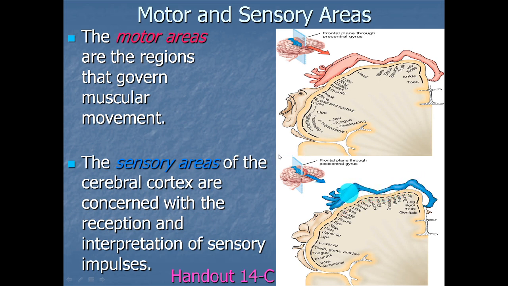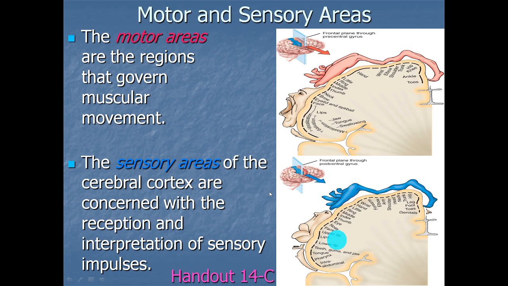Hands, very sensitive. I mean, when you think about your hands, all that information is moving into the top and side of your postcentral gyrus. Then your face, with your eyes, nose, face, and lips, they are all on the side of the postcentral gyrus. Look how big the sensory area for your lips are. Lips are very sensitive.